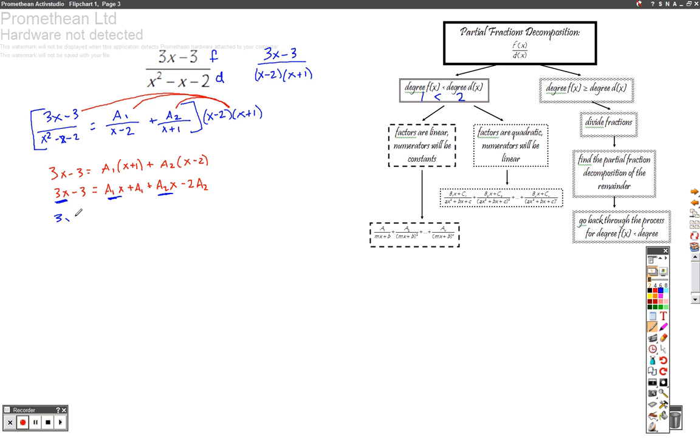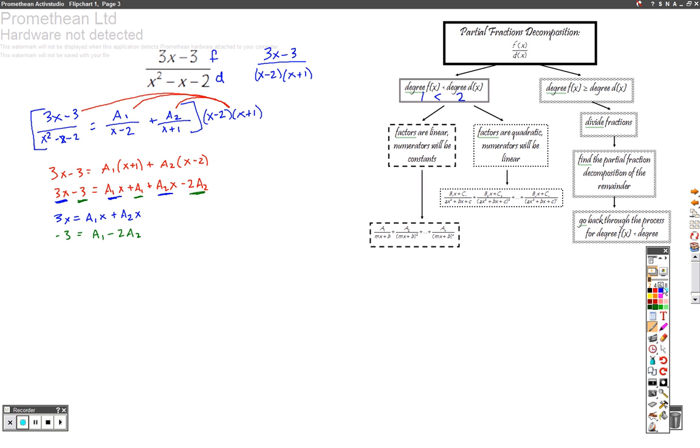So 3x equals a1x plus a2x. And in the next part, I'm going to put my other like terms together. And those like terms are just constants. So the negative 3 is equal to a1 minus 2a2.